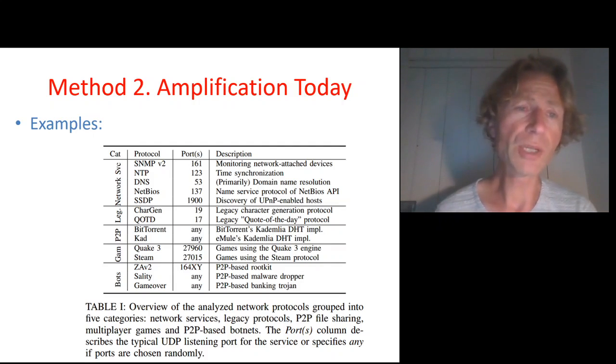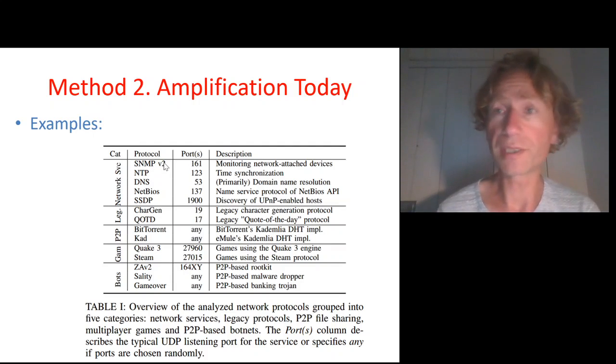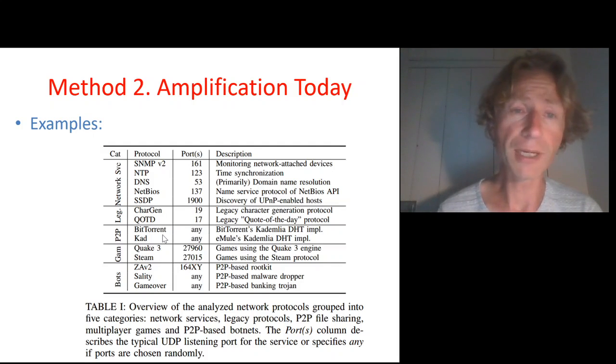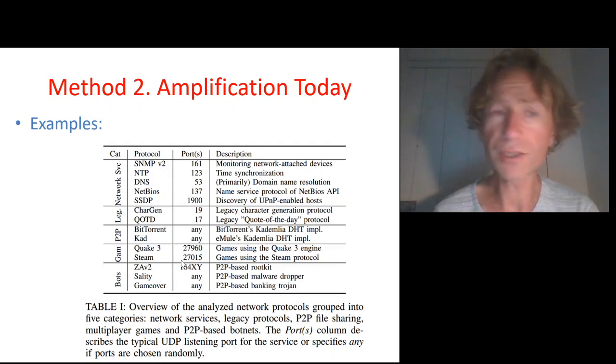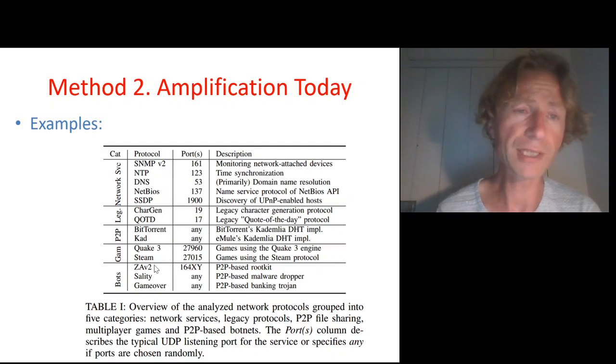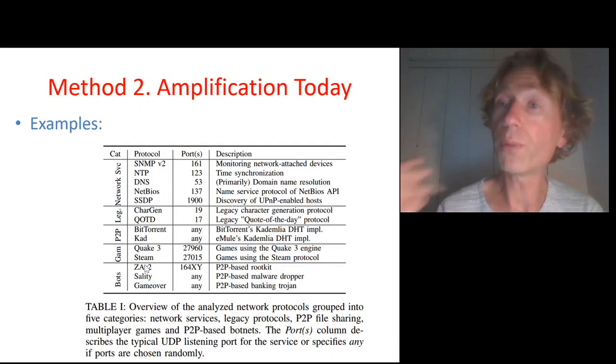For instance, you can use these types of protocol, network service protocols, such as the Simple Network Management Protocol, or the Network Time Protocol, or DNS, right, core service in the internet, and a bunch of others. You can use some legacy protocols, such as the Quote of the Day protocol or the Character Generation protocol. You can use peer-to-peer protocols, such as BitTorrent or Kademlia. You can use game engines, such as Quake 3 and Steam, and you can use other botnets, right?